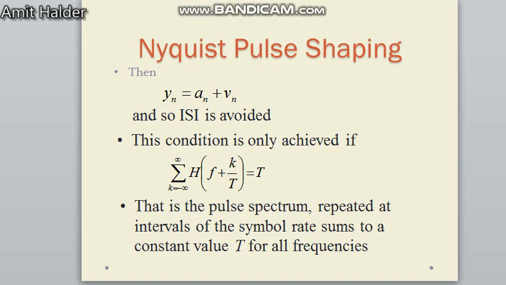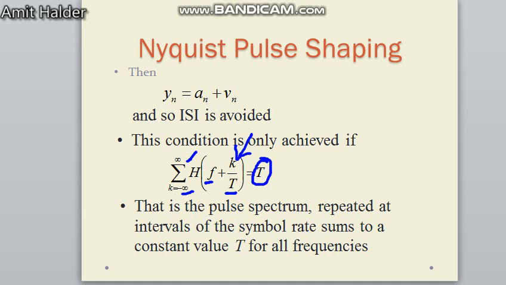So this condition is only achieved if and only if, that's the frequency, and you know 1 by T is also a frequency. There is the sample time period, and the value of k, that's the decider value, runs from minus infinity to plus infinity. You will get the total time period out of it.